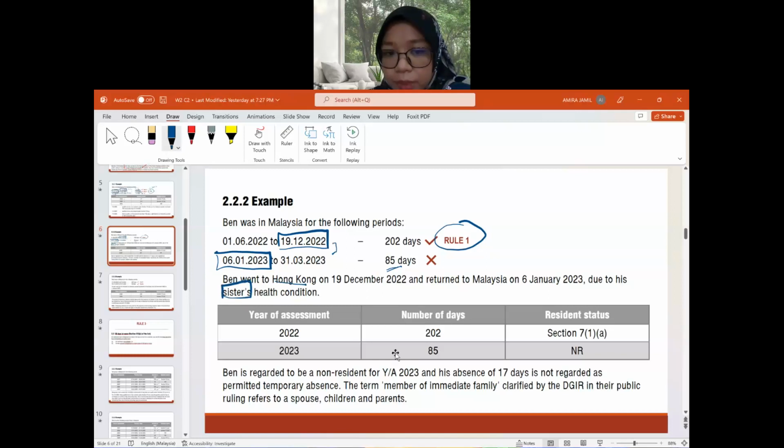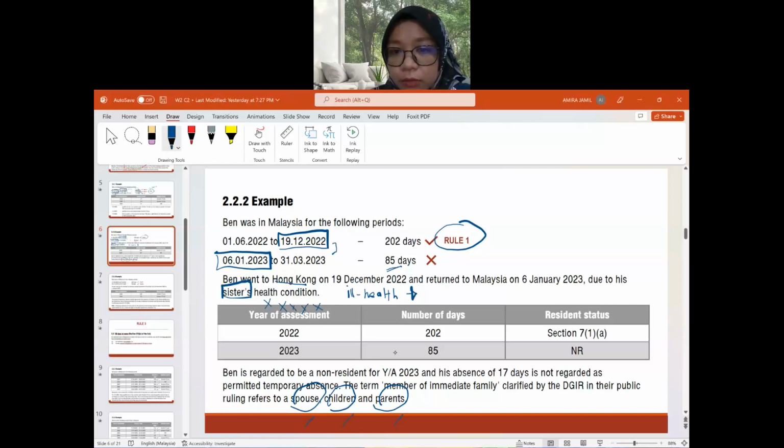Okay, under the temporary absence rule, for a sister it cannot be allowed, because ill health is only applicable to immediate family. Immediate family means a spouse, children, and parents only. Sibling or grandparents, aunt or uncle or cousin or friends cannot. That is not considered as immediate family. For ill health, it's only applicable for spouse, children, and parents.